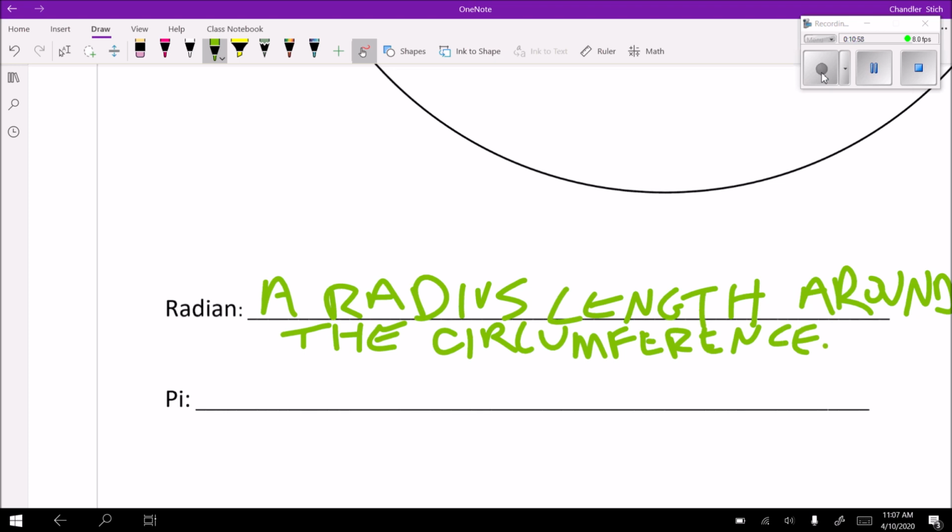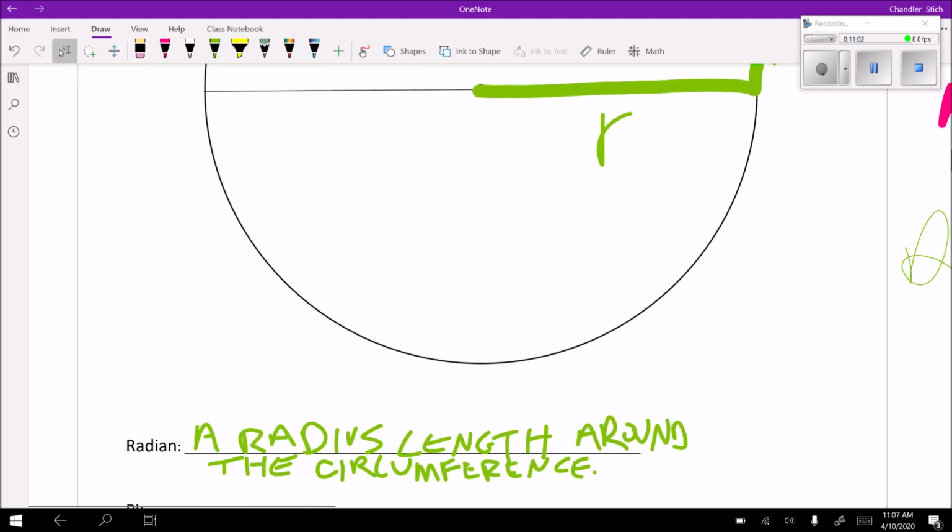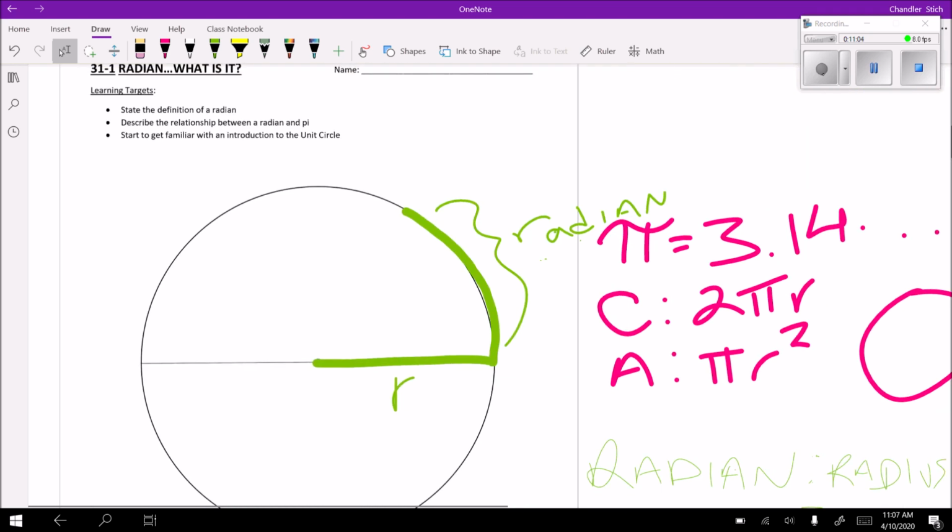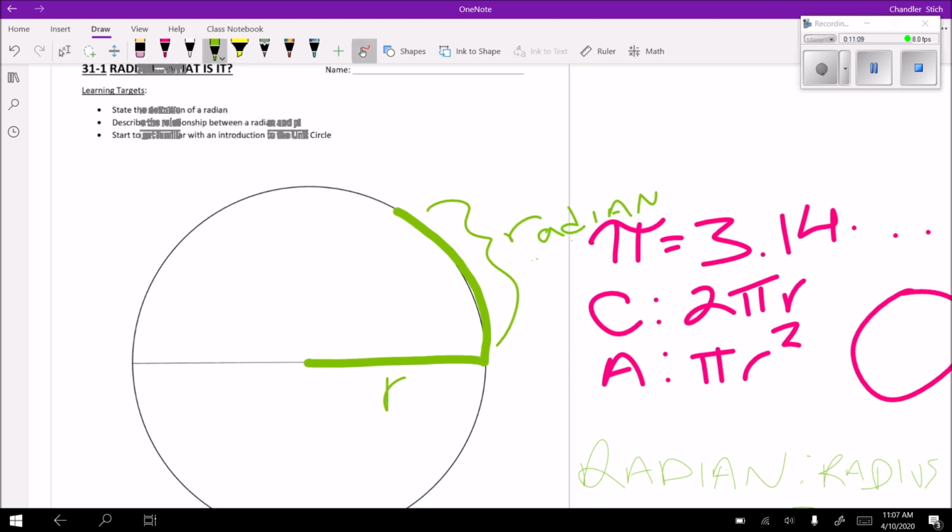Okay, it is a radius length around the circumference. This is 1 radian. This is 1 radian right there. Now, let's keep going. This is 1 radian.